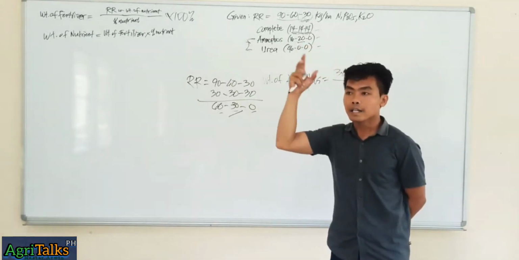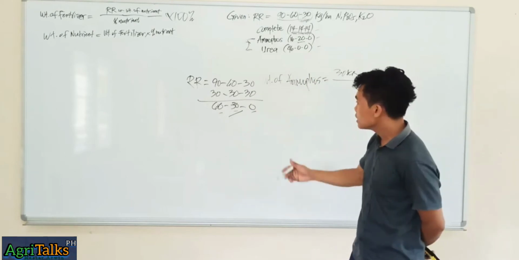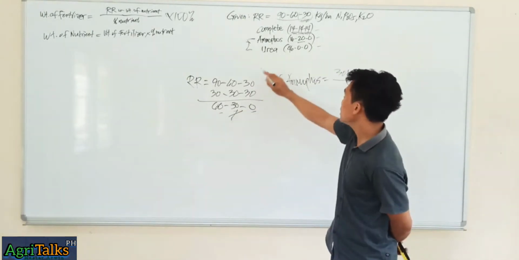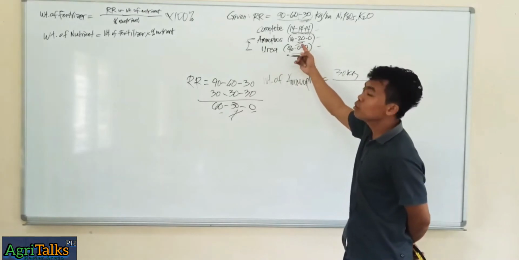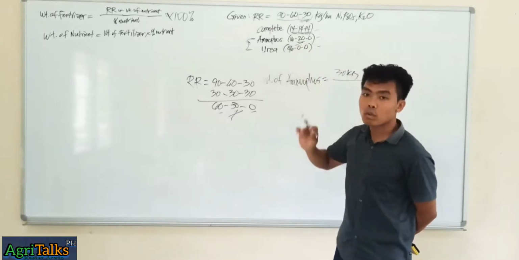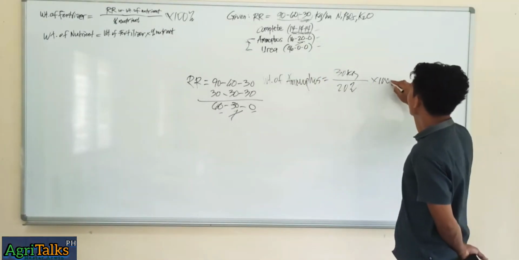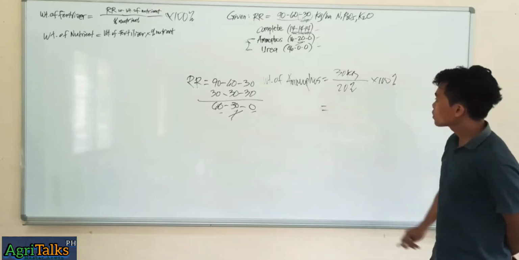Since the nutrient that will be computed is phosphorus, we will use the nutrient content of phosphorus, which is 20%, times 100%.